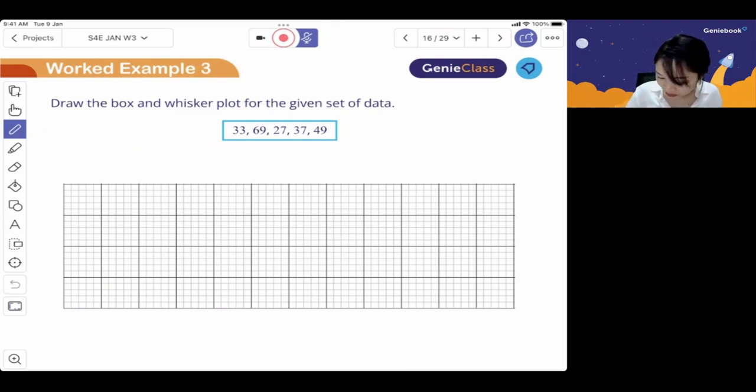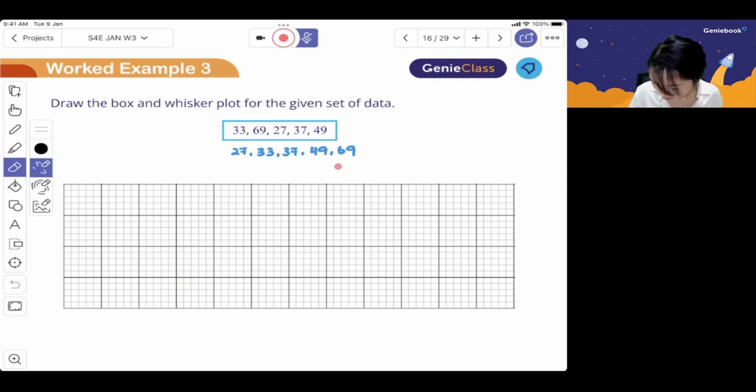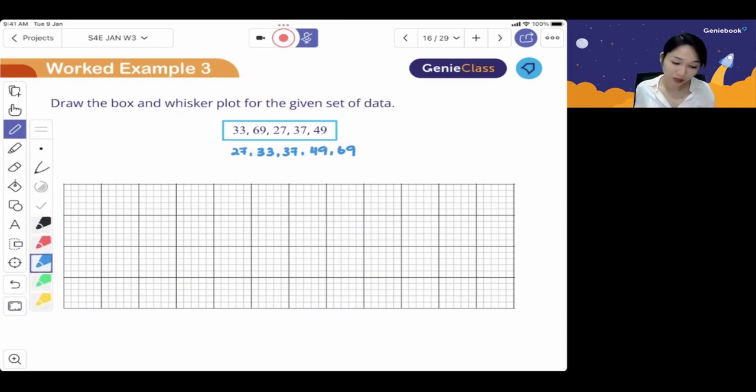So we have our set of data here, an example of how to draw a box and whisker plot. First things first, I always rearrange. We rearranged it earlier, so there's 27, 33, 37, 49, and 69. So I will start by drawing my number line.